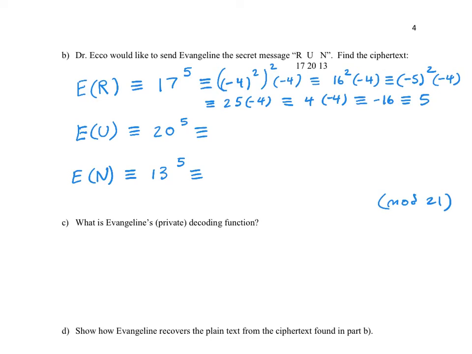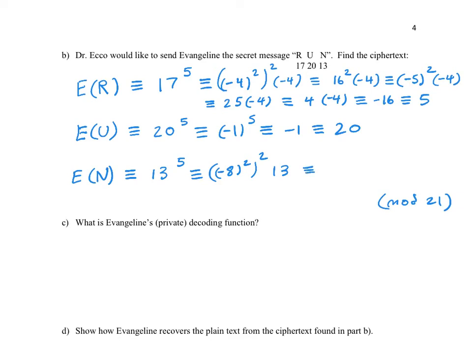Now for U, we have 20 to the power 5, so that's the same as minus 1 to the power 5. So it's very convenient for us to just calculate out that that's minus 1, and this does return us right back to 20 where we started. And for 13, how about we do something similar to what we did for 17 above. 13 is the same as minus 8, so we'll square that and then square it again for 4 of them, and then we'll have to multiply that by 13.